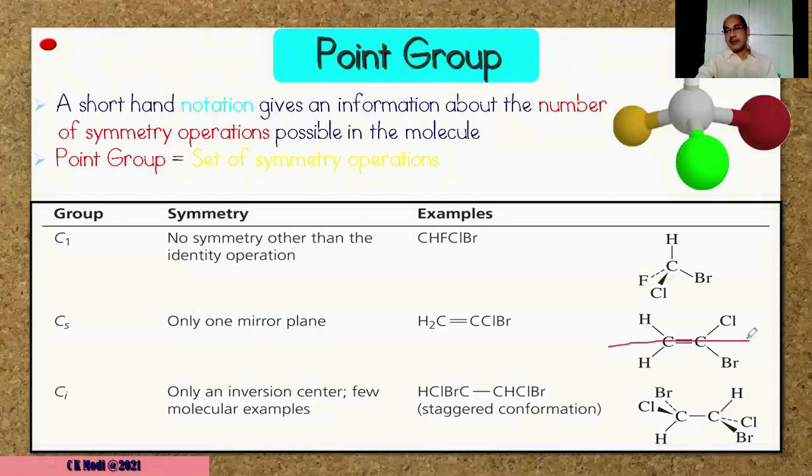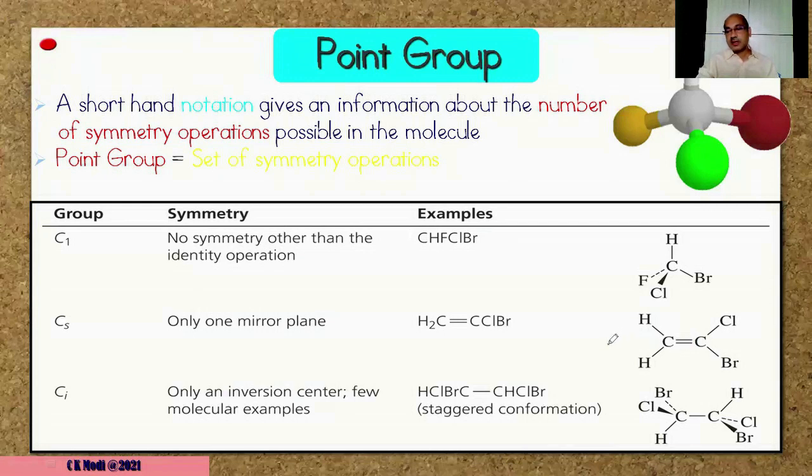If I rotate around 180 degrees, these two hydrogens interchange their positions, but on the other side chlorine and bromine are present, so we are not getting the equivalent structure. So this axis is absent. On the z-axis, if I rotate 180 degrees, do we get the equivalent structure? No. Therefore, rotation axis is absent.